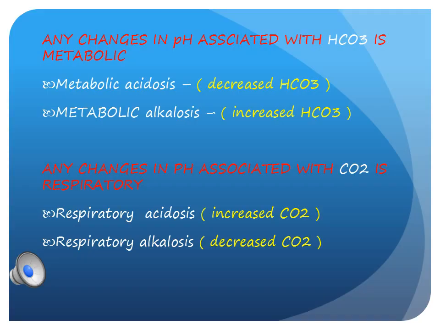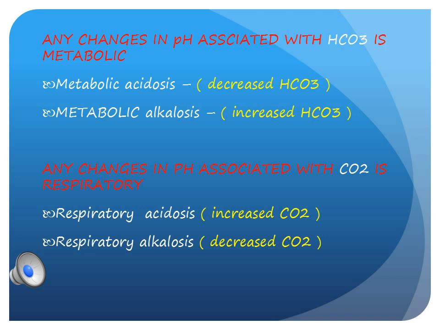Any changes in the pH associated with HCO3 or bicarb is metabolic. It can be acidosis or alkalosis. Acidosis means there is a decrease in bicarb or increase in H+. Alkalosis means there is a decrease in H+ and an increase in bicarb.